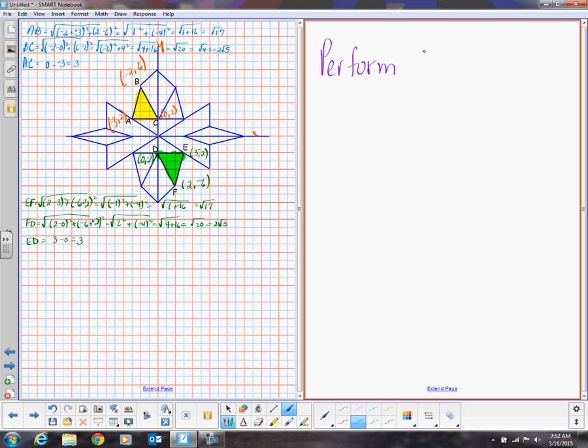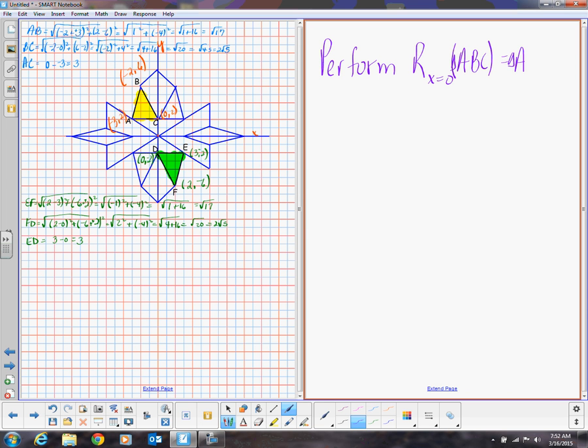I'm going to say perform a reflection, so that's a large R. Perform the reflection about the y-axis, which is x equals 0, of triangle ABC to give me A prime, and I should have a triangle here.